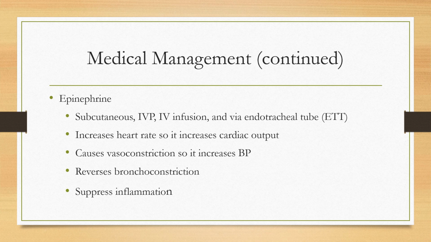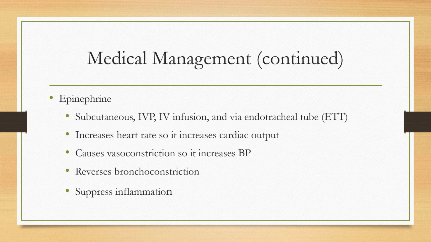So medical management, epinephrine, it can be either subcutaneous, as in with the EpiPen, IV push, can be IV infusion, or if absolutely necessary and in the throes of anaphylaxis, it can be given via an endotracheal tube, which is an ET tube. This will increase the heart rate, so it will increase cardiac output.